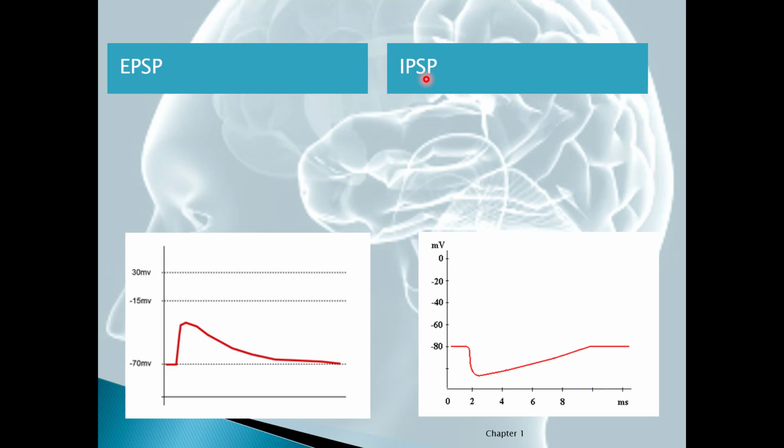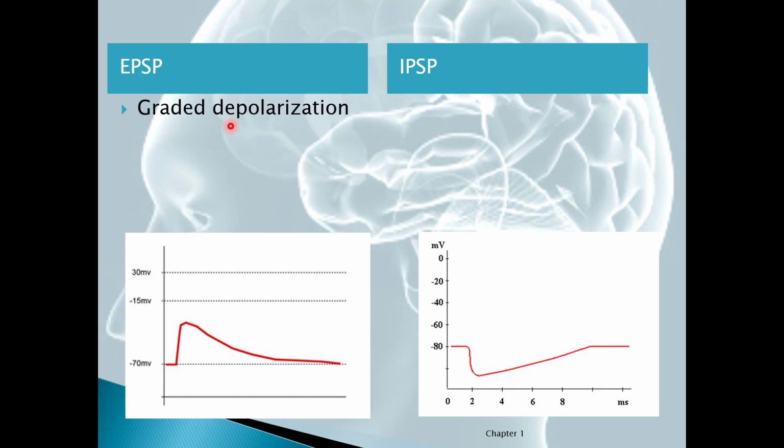And that postsynaptic potential means there's a change in the electrical charge across the membrane there. And I, being inhibitory, means it's going to hyperpolarize that cell, take it farther away from zero. And E, being excitatory, means it's going to depolarize that cell, bring it closer to zero.